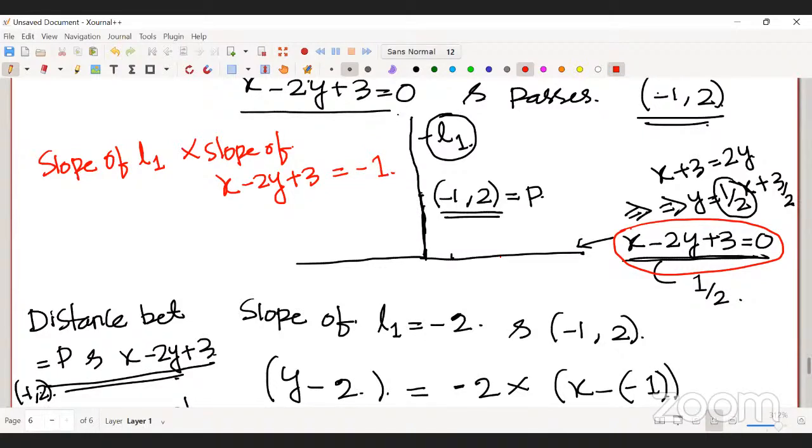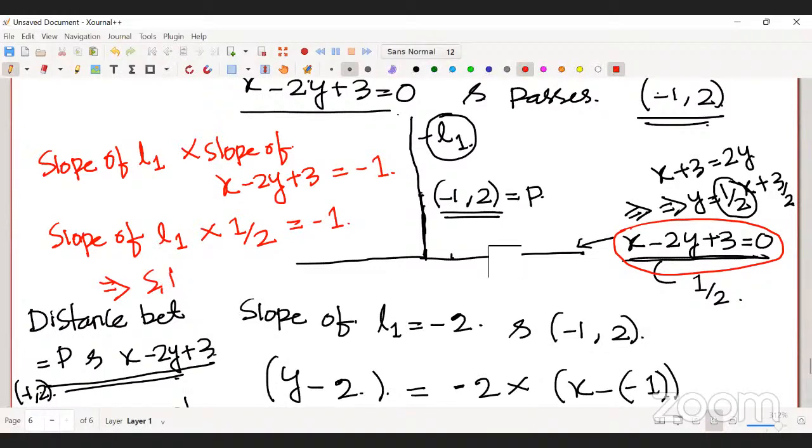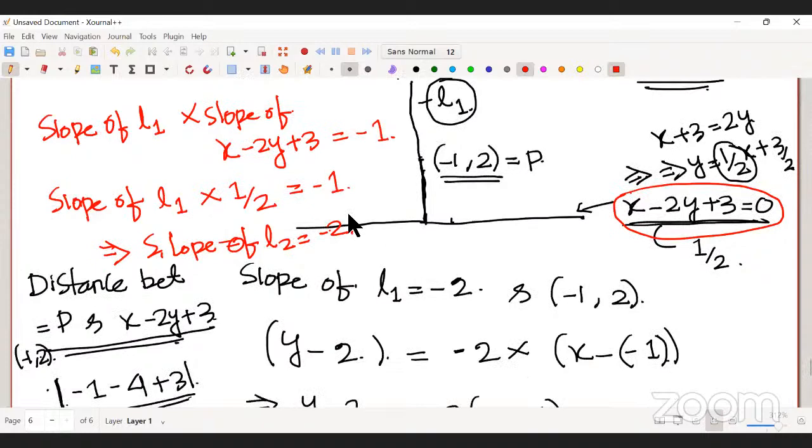What is the slope of x minus 2y plus 3? 1/2. That means slope of L1 times 1/2 is minus 1, so slope of L1 is minus 2. That is what we got. Once you know the slope of L1 is minus 2, you can easily compute the general equation.